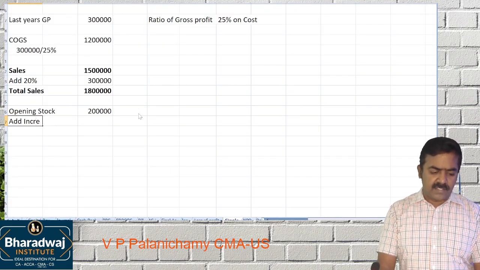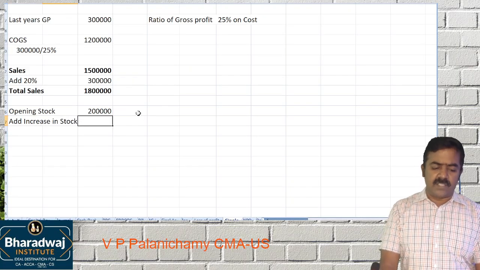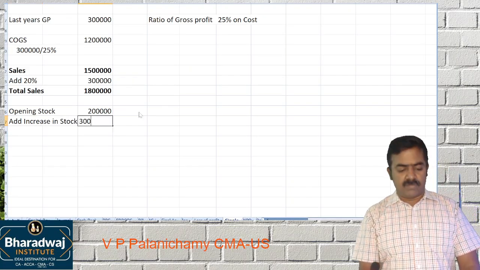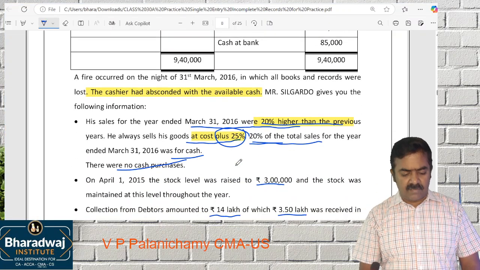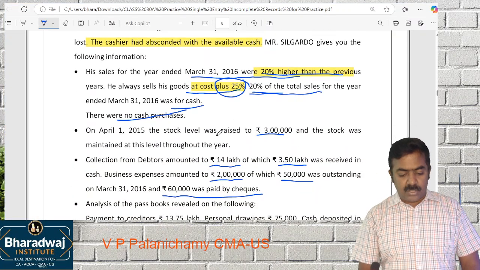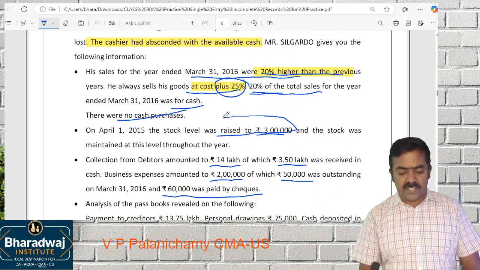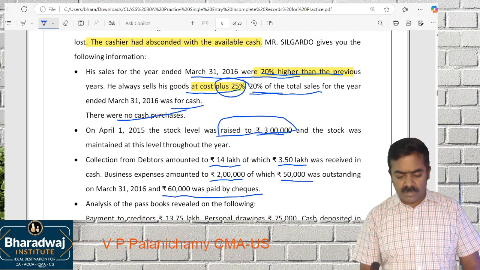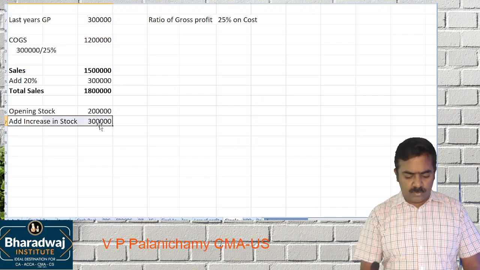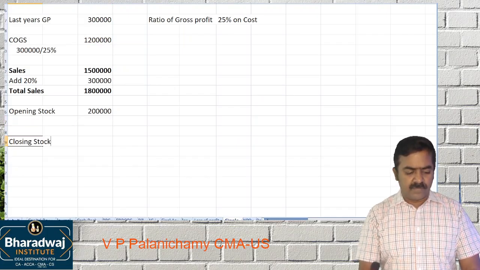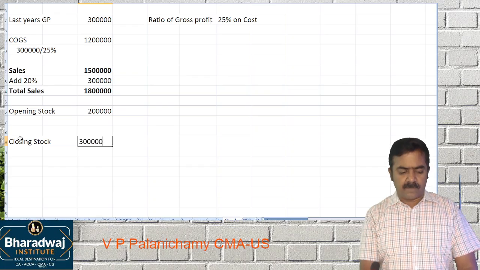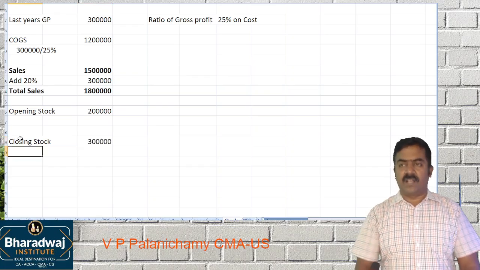How much increase in stock happened? 3 lakhs, or 1 lakh? Stock level is increased to 3 lakhs, not increased by 3 lakhs. Okay, increased to 3 lakhs now. So the new stock level is going to be the closing stock. Closing stock is 3 lakhs. That is maintained throughout the year.